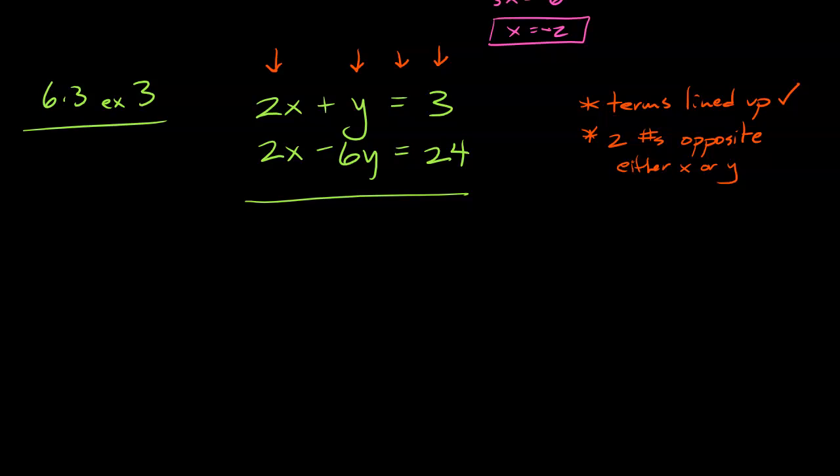If I look at the Y's, I've got a 1 and a negative 6. So Y's aren't even close. X's are close. But the reason they have to be opposite, if I add these two lines together, well, nothing cancels. This would just give me a new equation. Like, that doesn't help me at all.